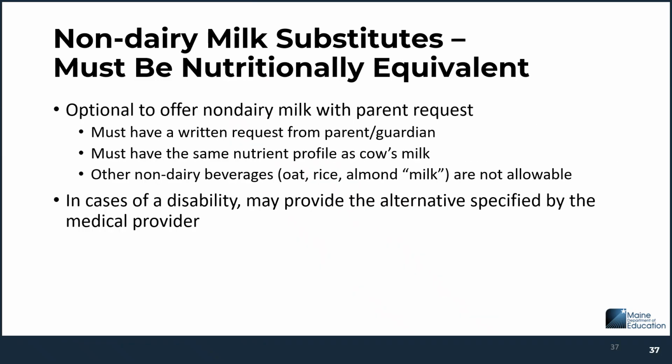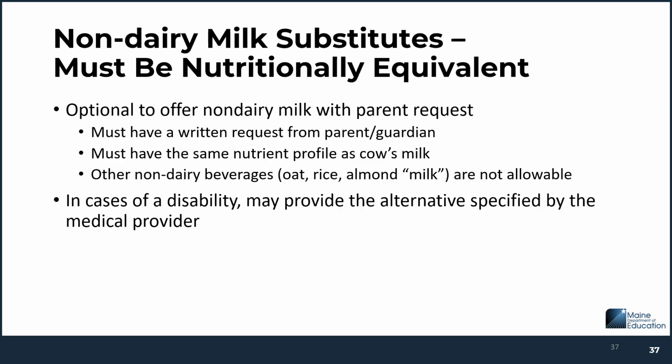If you choose, you may offer non-dairy milk substitutes in place of milk, but only under certain conditions. You are not required to do this, but if you do, you must have the request in writing from the parent or guardian. And the non-dairy option that you provide must have the same or better nutrient profile as cow's milk.